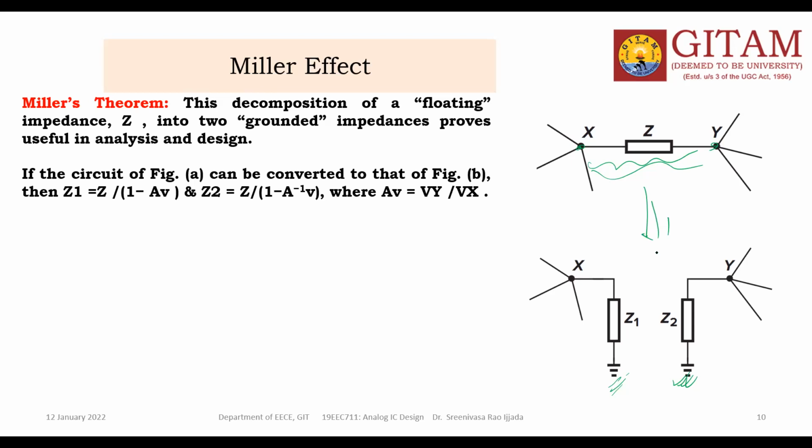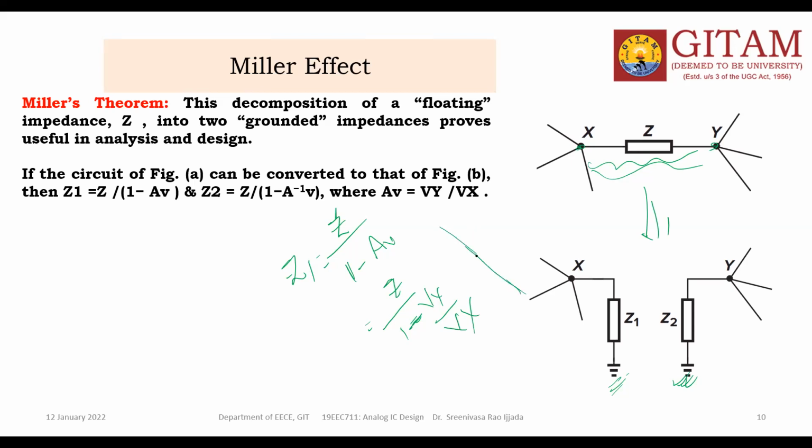So now, what is the Z1 value and what is the Z2 value that we want to find? Z1 is Z by 1 minus AV, where AV means gain, that is Vy by Vx.